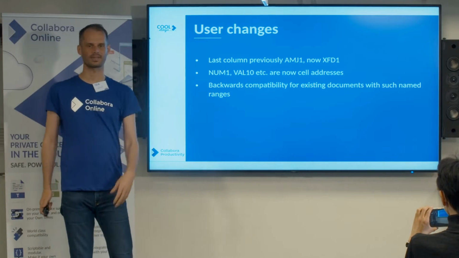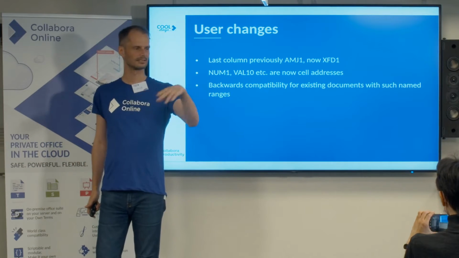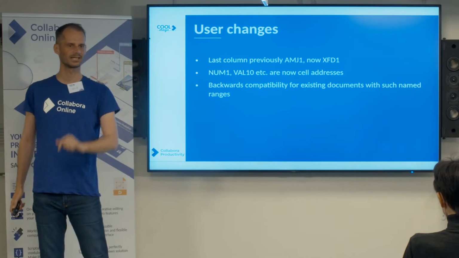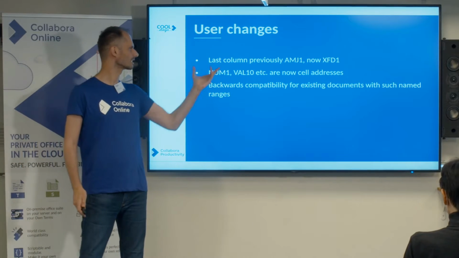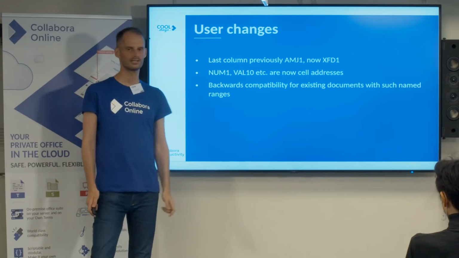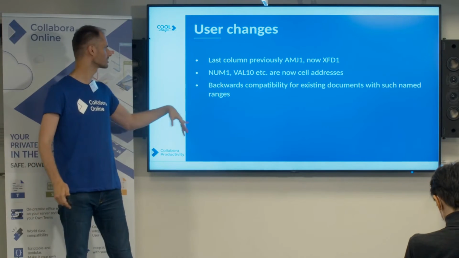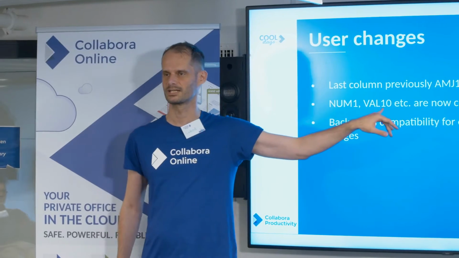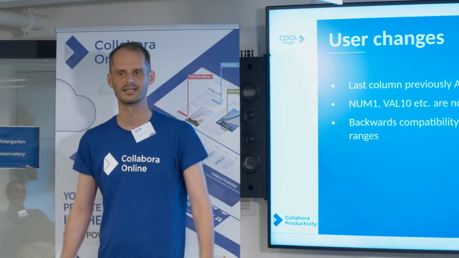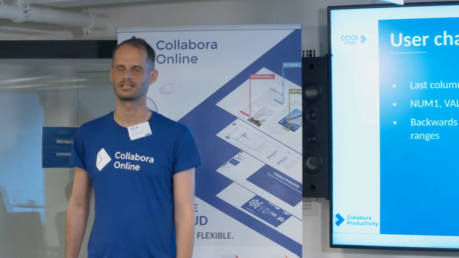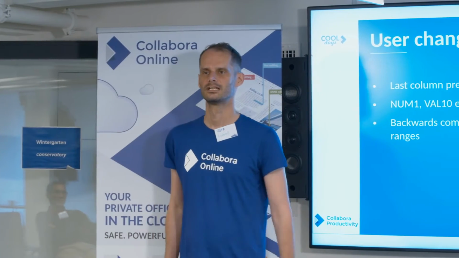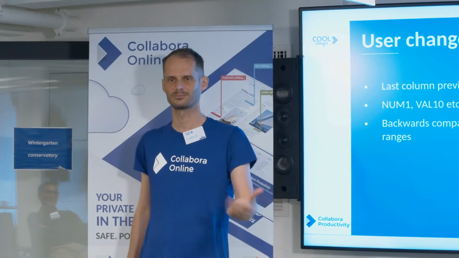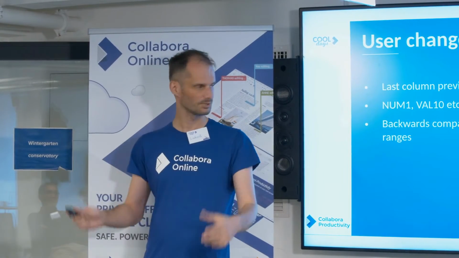So, as you know, spreadsheets use these letters and numbers as coordinates. So the last column is now XFD. So if you use, for example, a named range like number1 or value10, now it's an address. So when I was testing this, a number of test case documents we had failed because it suddenly wasn't referring to the named range.